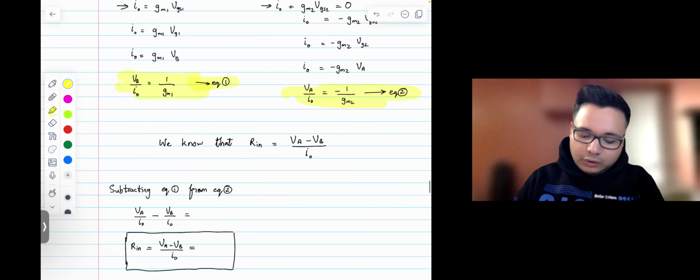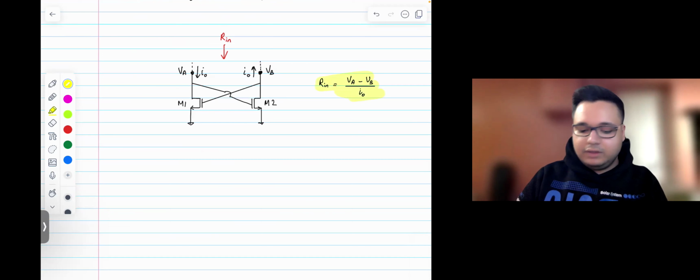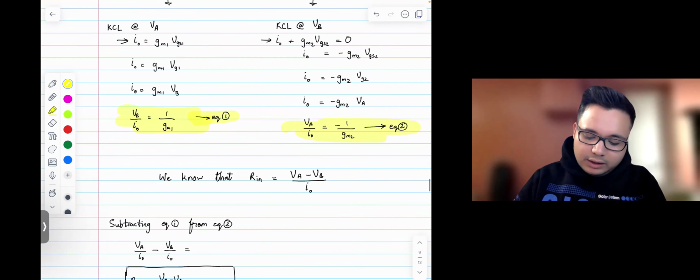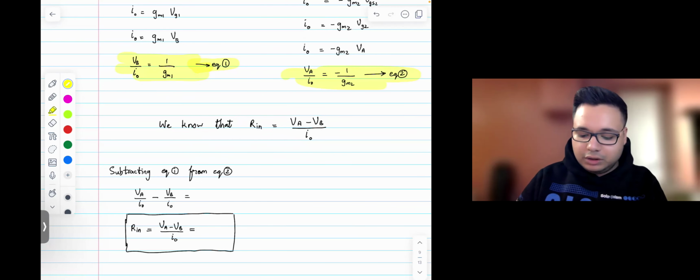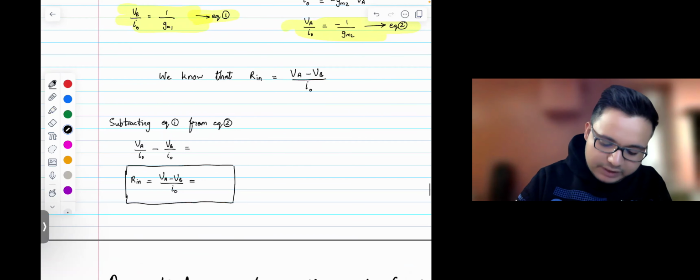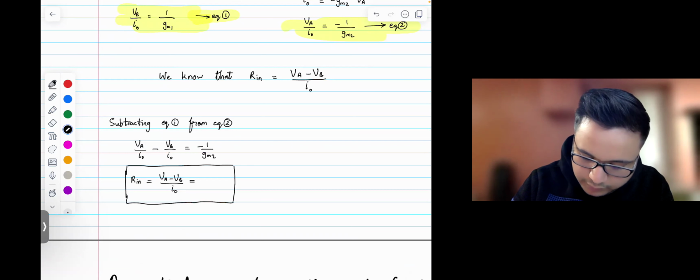So going back, we said that the input resistance into the differential node is defined as VA minus VB divided by I naught. So we can try subtracting equation 1 from equation 2, which is VA over I naught minus VB over I naught, and that will give us minus 1 over GM2 minus 1 over GM1.